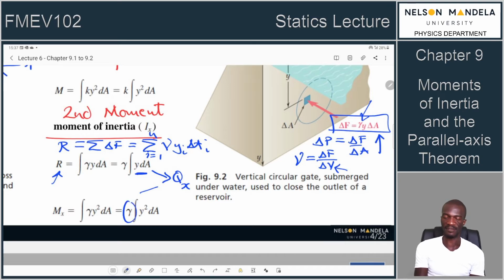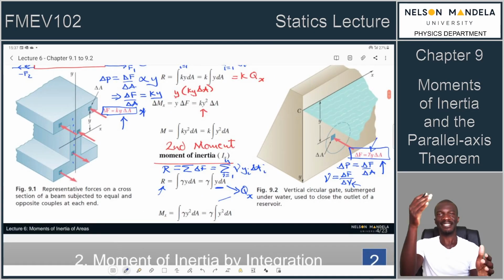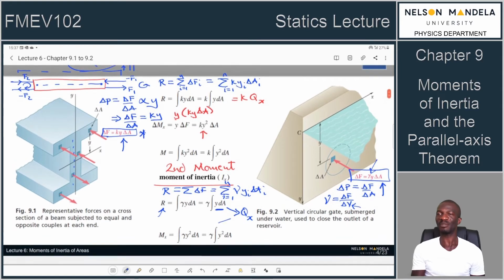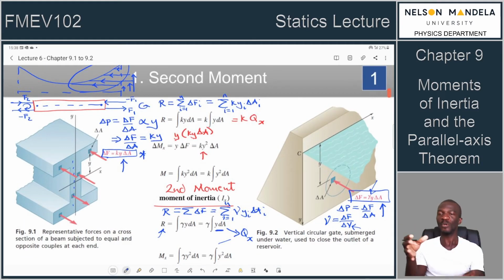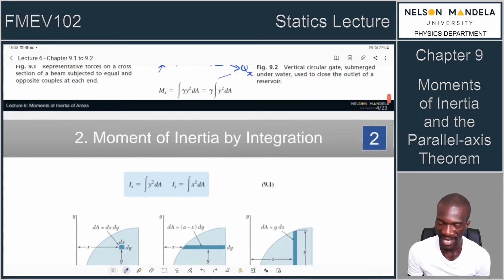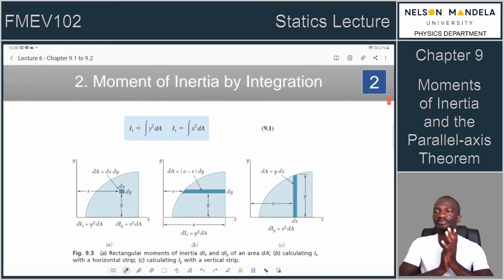So instead of our k, we will just have our gamma, but by looking at these two, you can see a depth profile of the forces. So basically the load distribution, distributed loads, are now invoked. They are now internally within this setup. That defines the second moment, which is the moment of inertia.